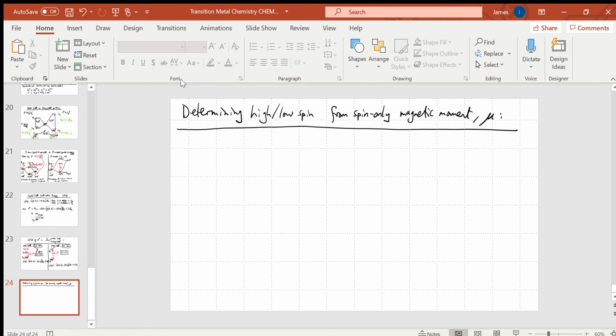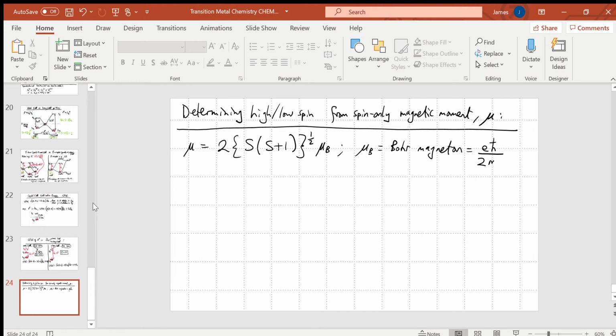So spin-only magnetic moment, mu, is 2 square root of S, where S is spin, S plus 1, all square rooted, and the units are mu B, where mu B is the Bohr magneton, and the Bohr magneton is the charge on the electron, h bar, over twice the mass of the electron.